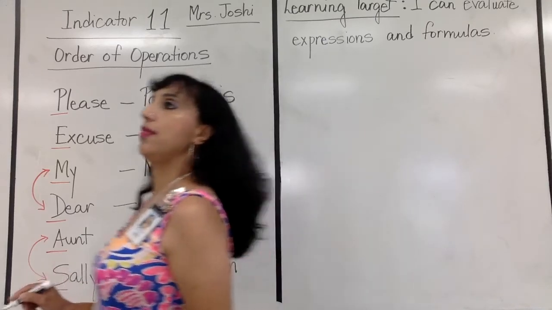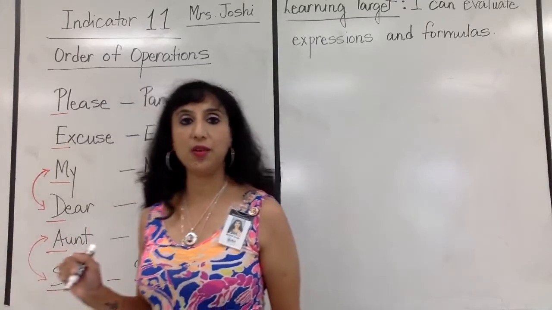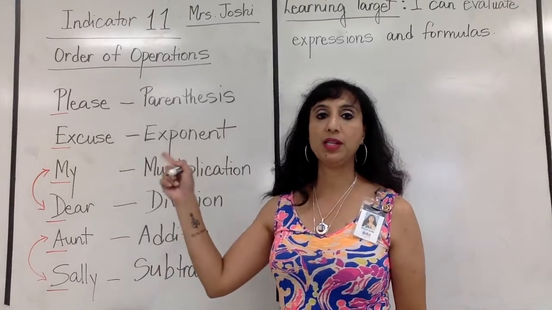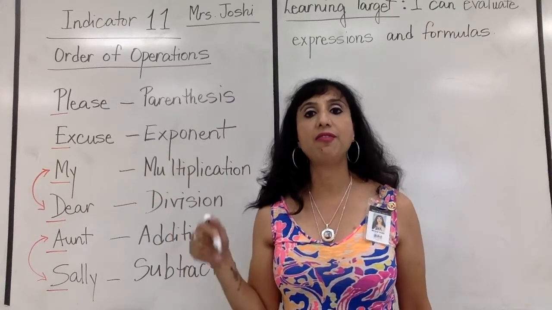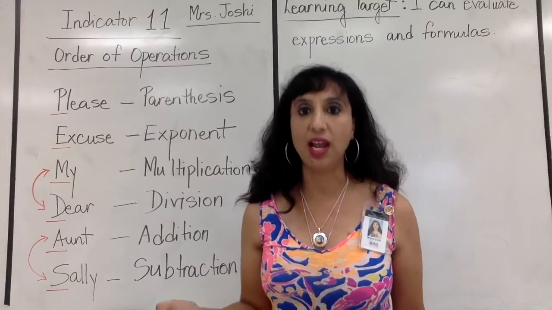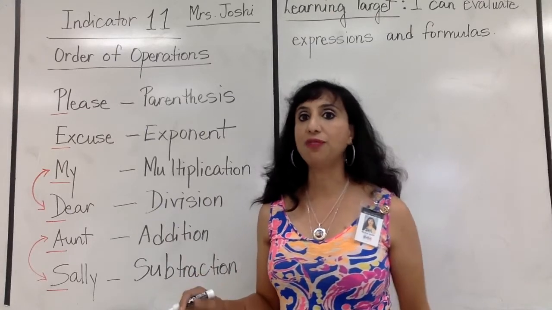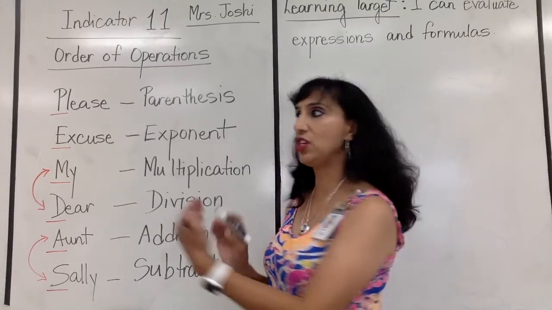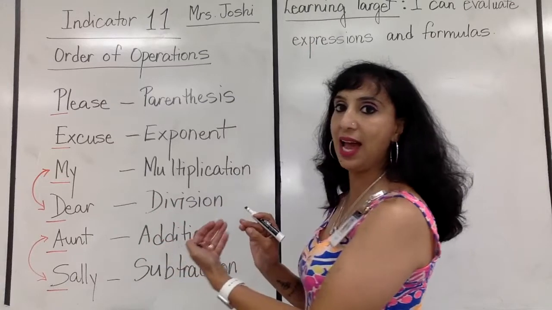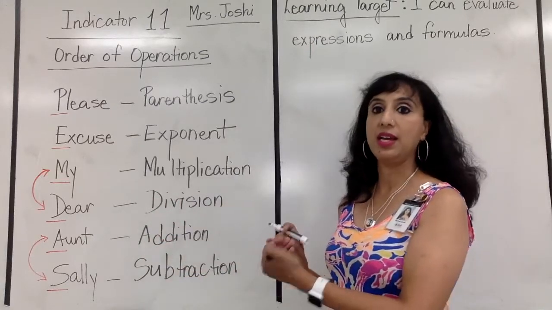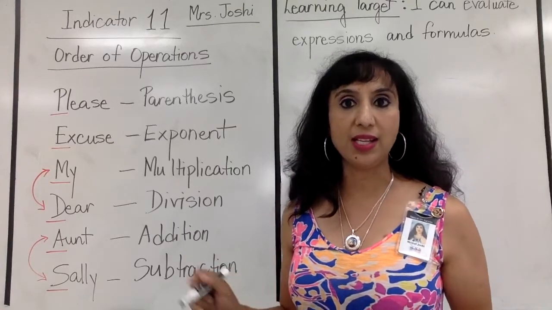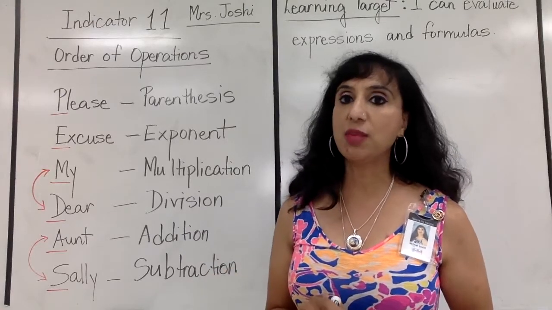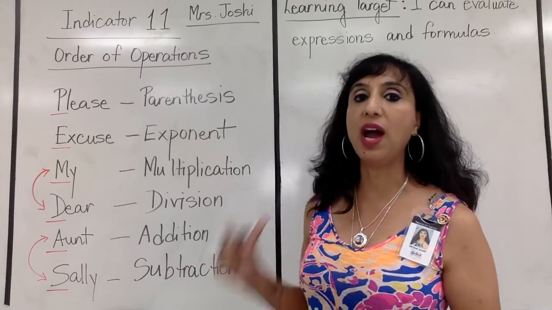Okay? Now, there's a reason that I have put the arrows between multiplication and division. If I only have multiplication and division left, I go from left to right. So if division is before multiplication, in that case, I will divide first, then multiply, if only those 2 operations are left. Same thing with addition and subtraction. If only addition and subtraction are left, you're going from left to right.